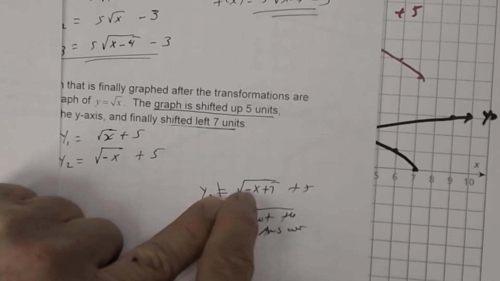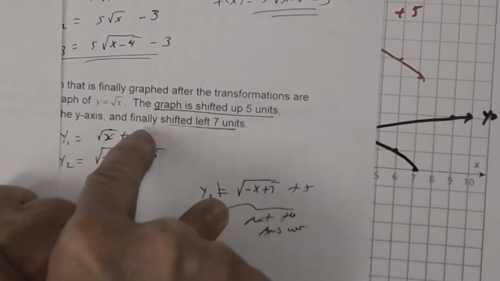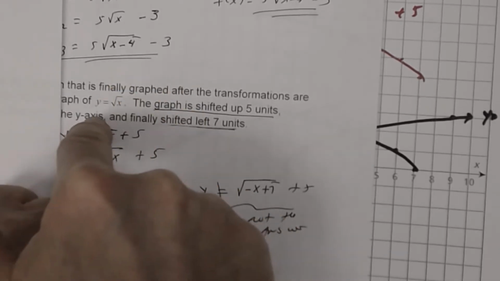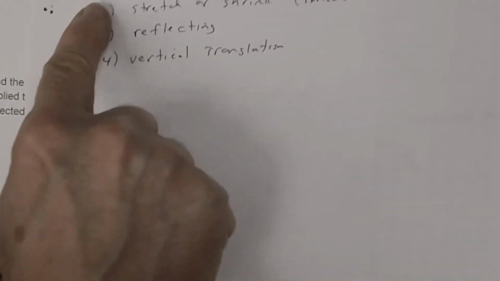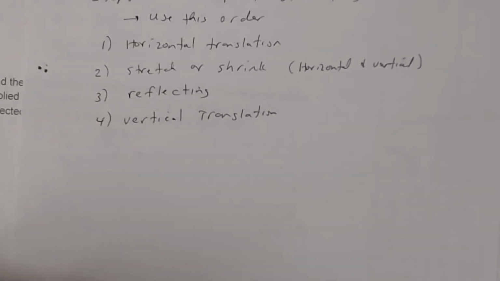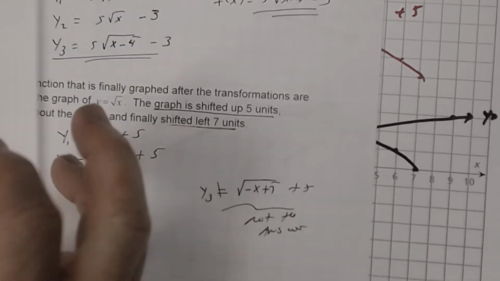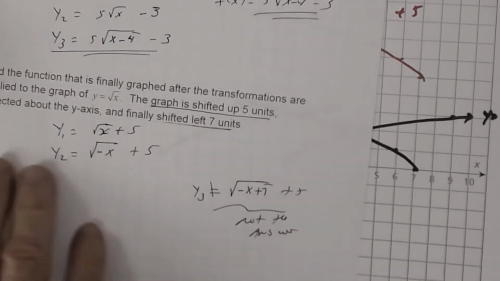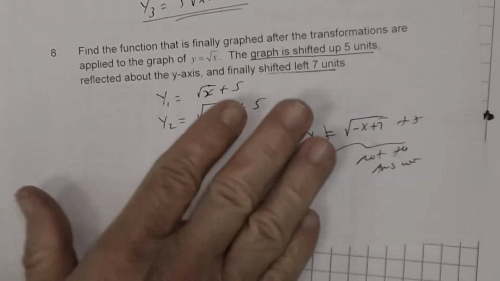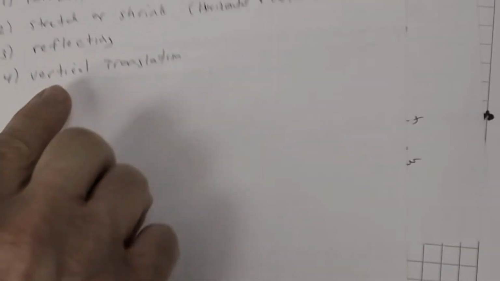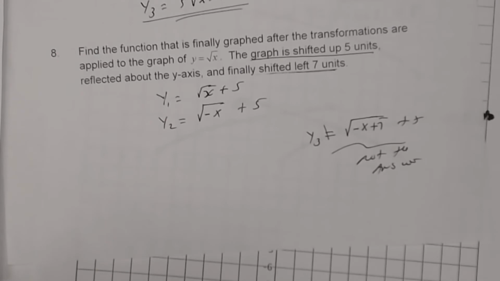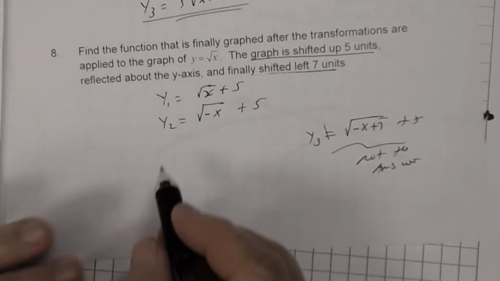What happened now is that in the order in which they told you, the reflection is not listed first, the reflection is listed third. So that changes things whenever you're told an order that's different than this. So you got to carefully listen to what I'm saying.